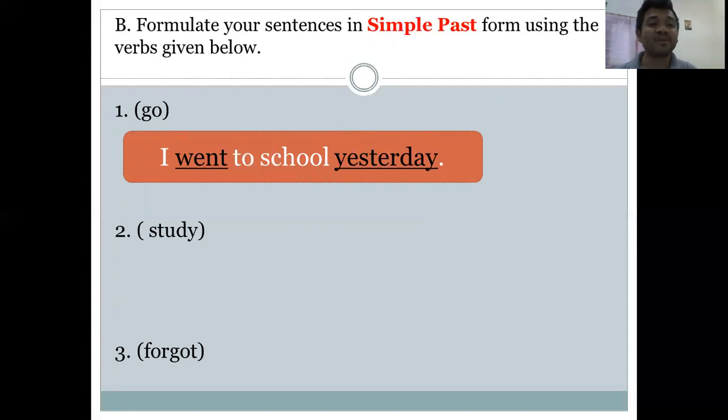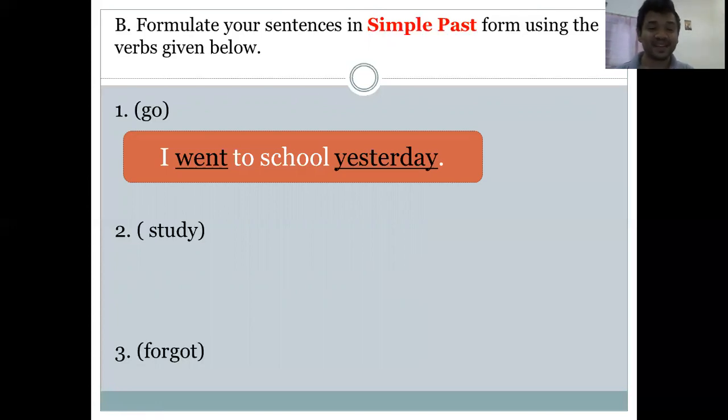Okay, so you will say, I went to school yesterday. So remember, the simple past of go is went, and then the time expression here is yesterday. Again, it doesn't necessarily mean that we have to arrive at the same sentence, but we have to arrive at the same structure.